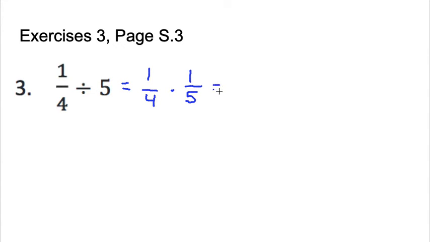So that would be 1/20, and that one won't reduce. So that's all you do on that one. Okay, so just multiplying by the reciprocal. Again, these are reciprocals of each other. So the reciprocal of 5 is 1/5.